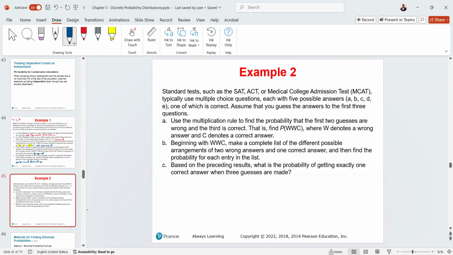So what you see here, a standard test such as SAT, ACT, or MCAT typically uses multiple choice questions, each with 5 possible answers, A, B, C, D, E. So you have 5 of them, one of which is correct. So probability of success is what? Yes, 1 out of 5.